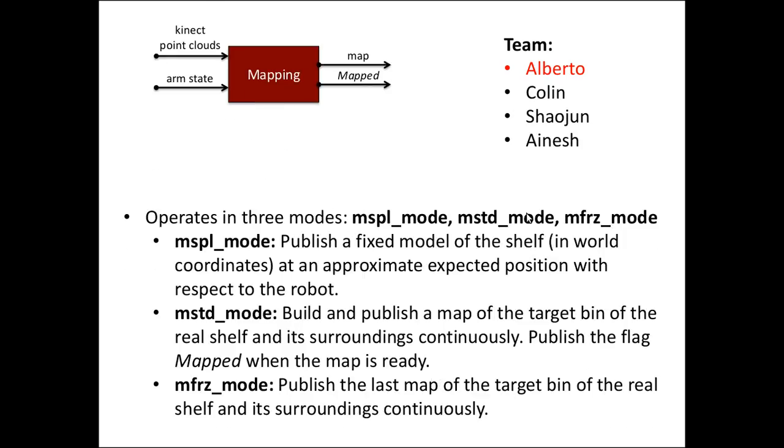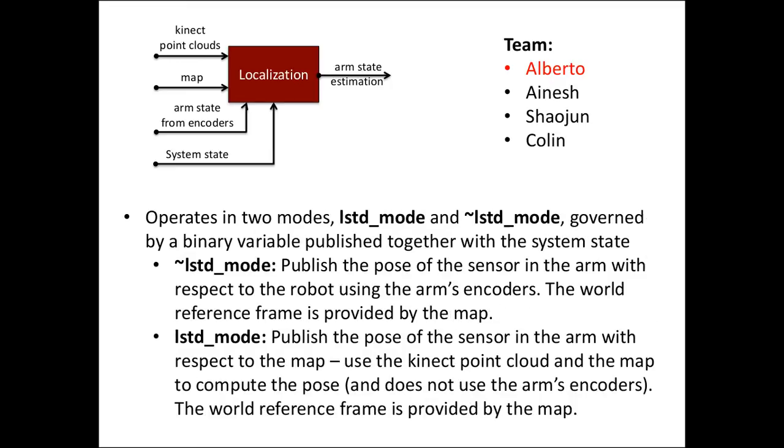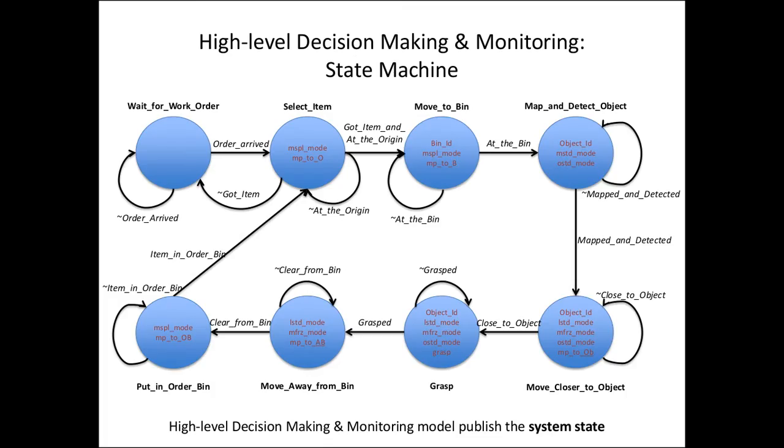So let's go ahead and have a look again at the mapping module. This model has three states: simple mode, standard mode, and freeze mode. So let's go back to the state machine.